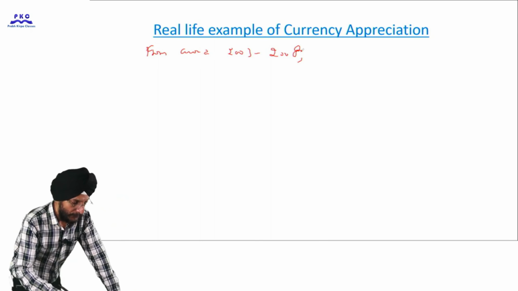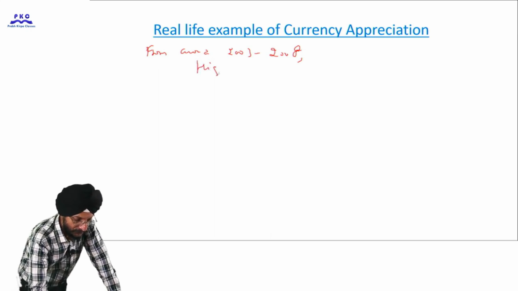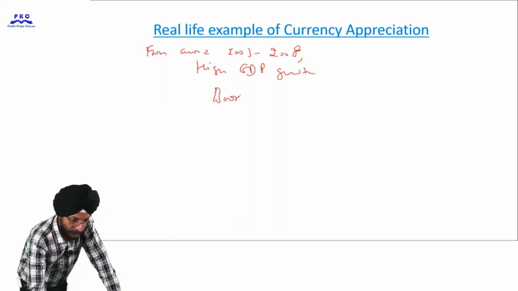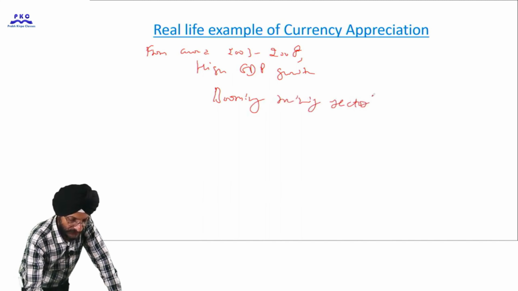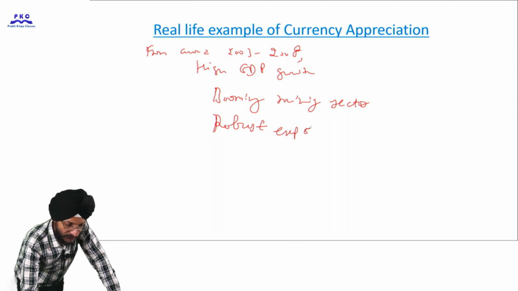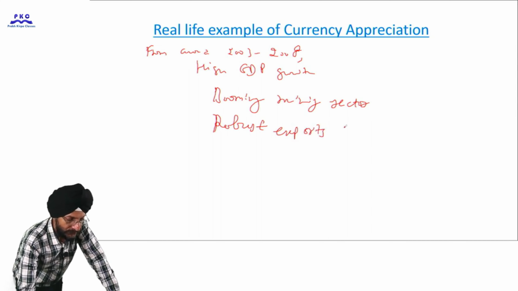Why? Because there was high GDP growth, there was a booming mining sector, and there were robust exports, that is good exports in good quantity. The exports were of coal and iron ore.